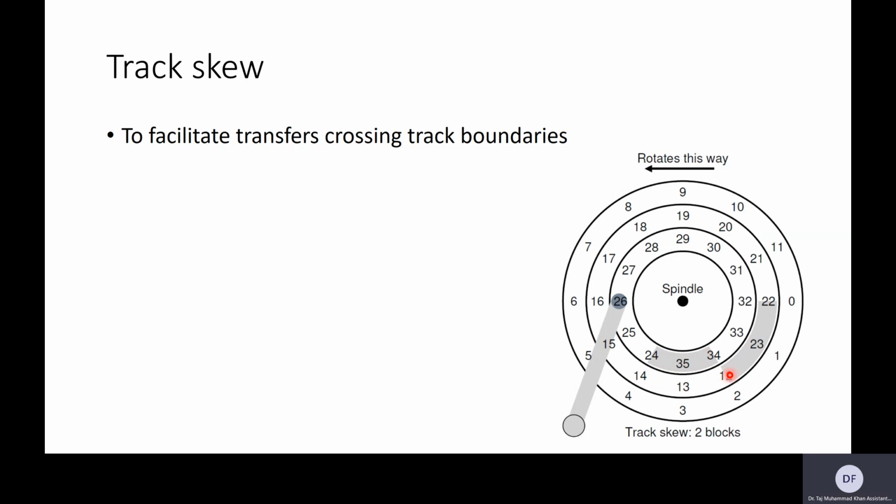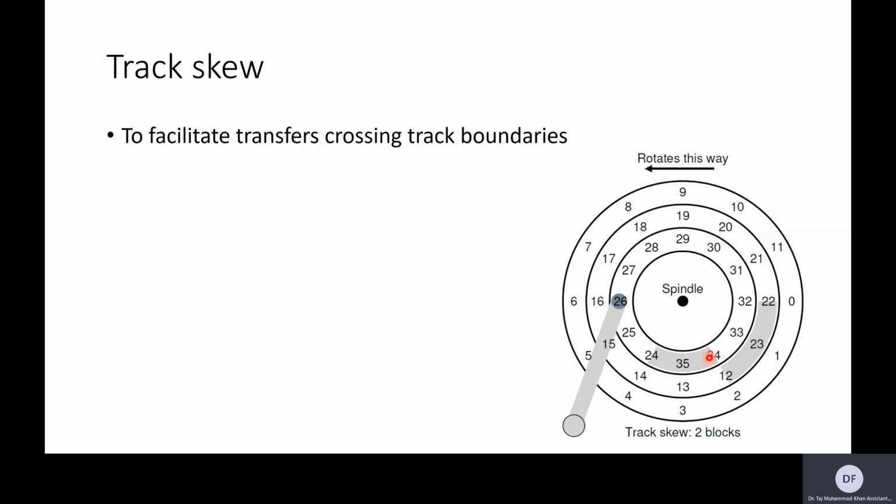After reading 23, when the disk is already rotating, the head moves from the middle track to the inner track, and by the time of this seek, since the disk was already rotating, sector 24 will have arrived under the head.